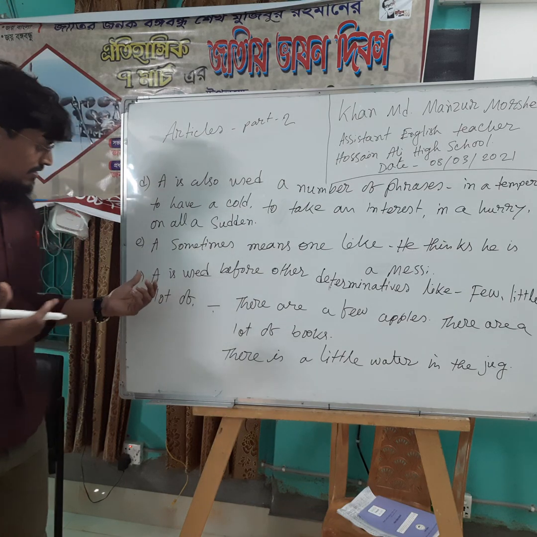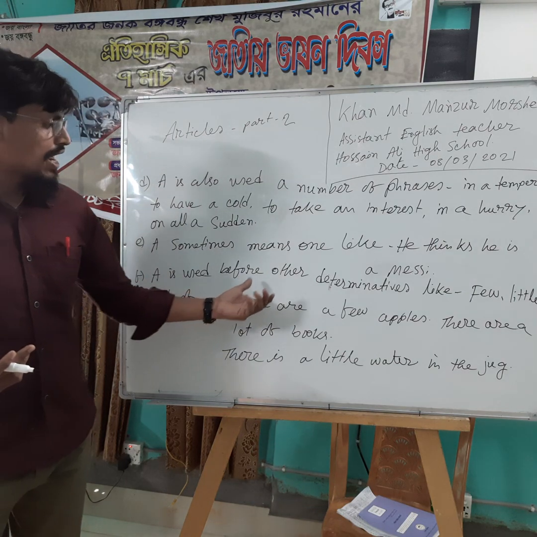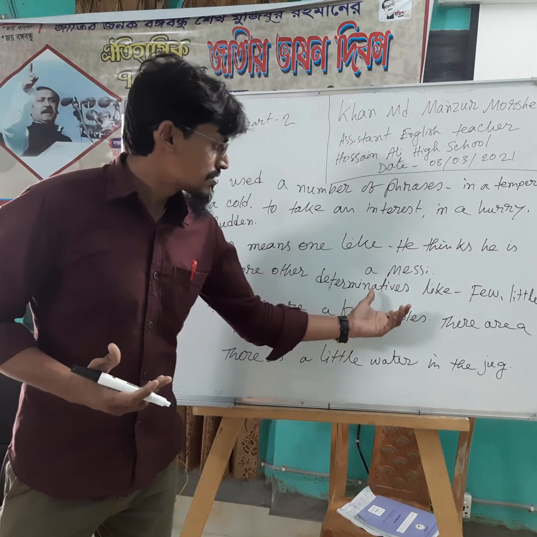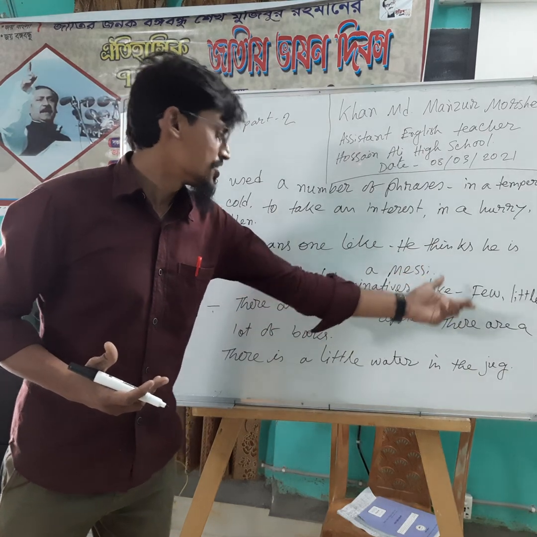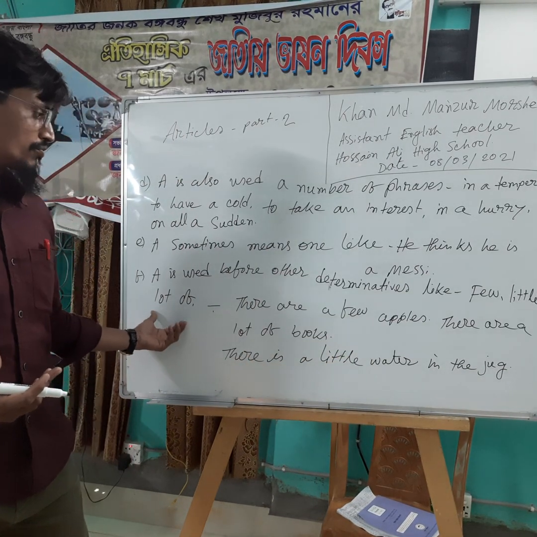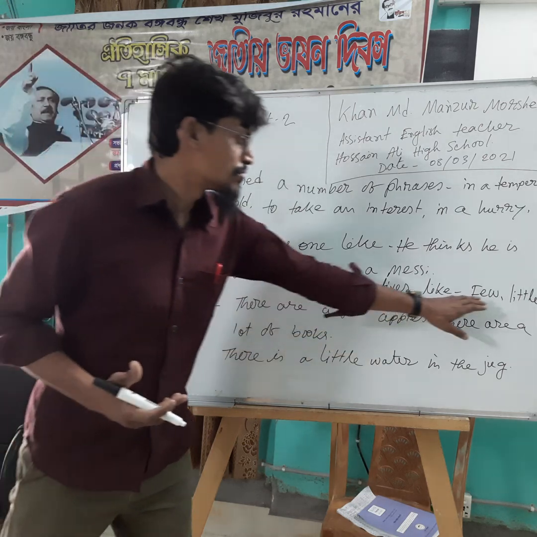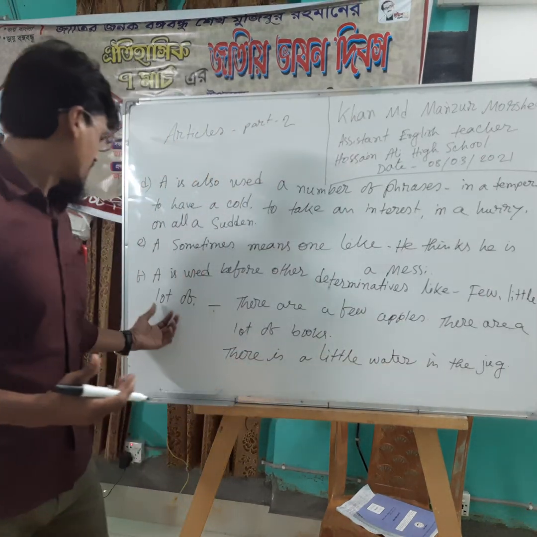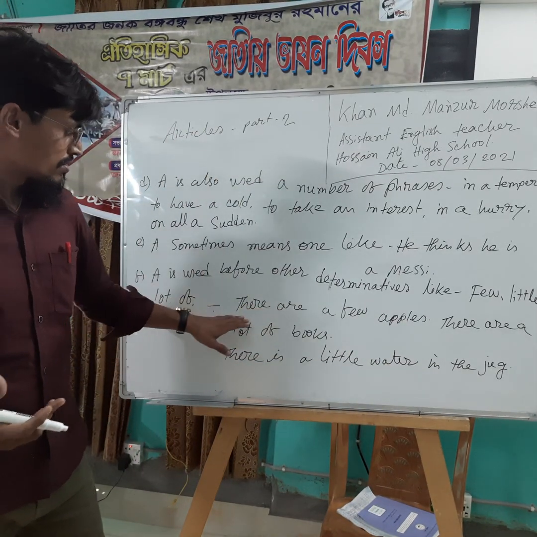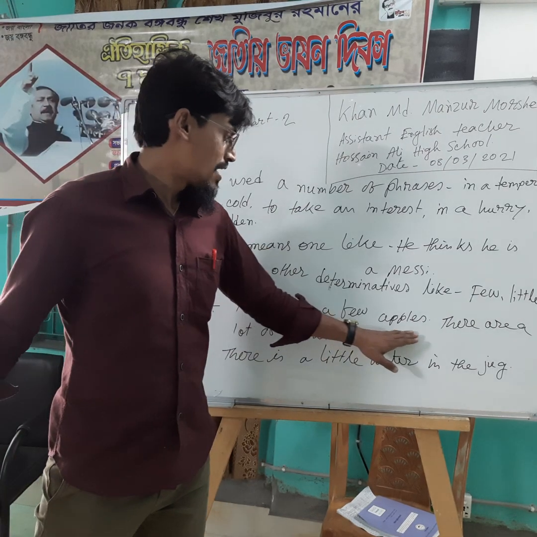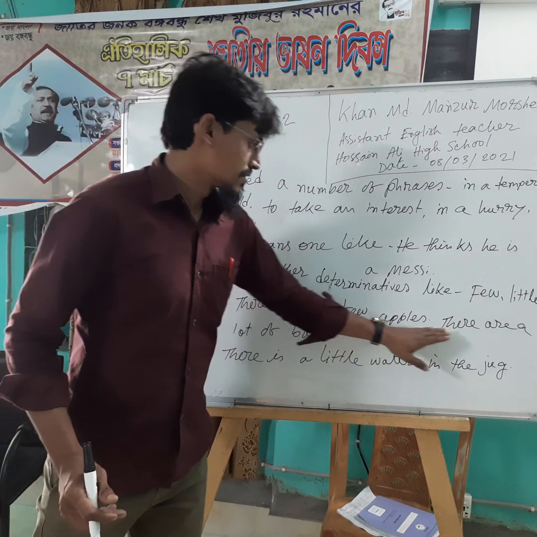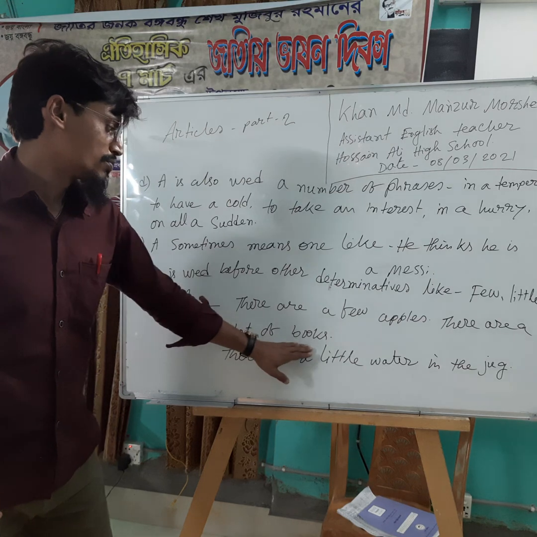Number F, a is used before other determinatives like few, little, a lot of. So examples: there are a few apples. There are a lot of books.